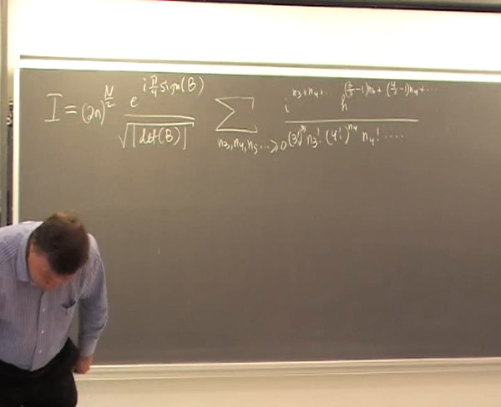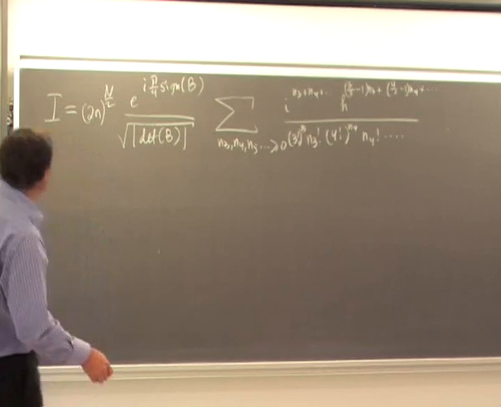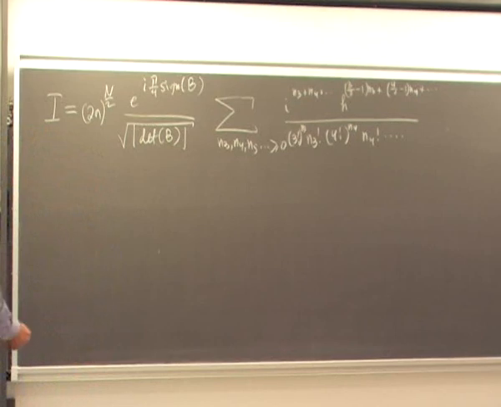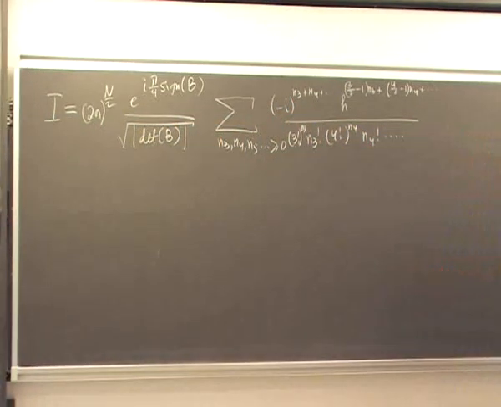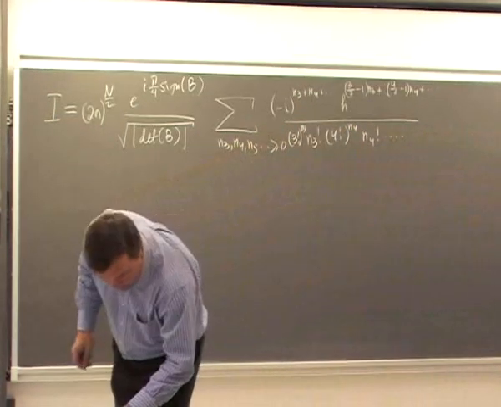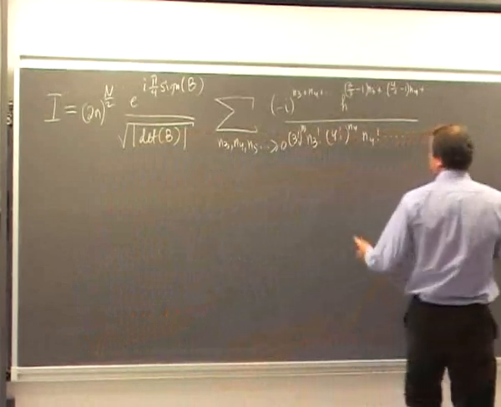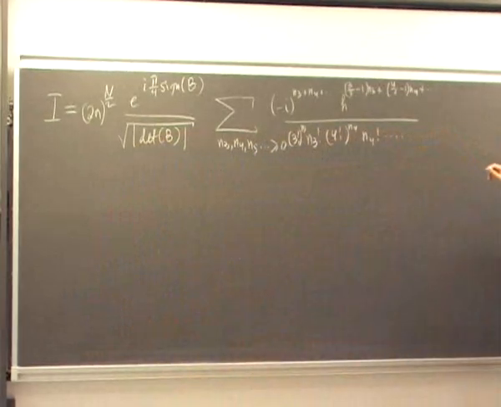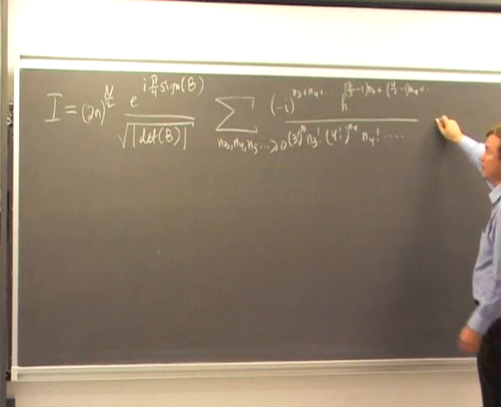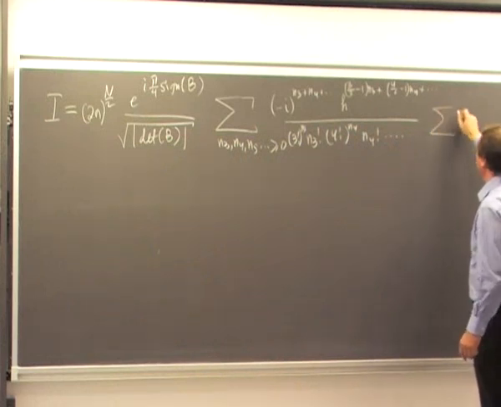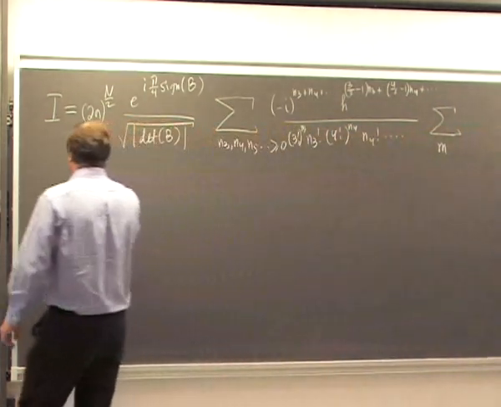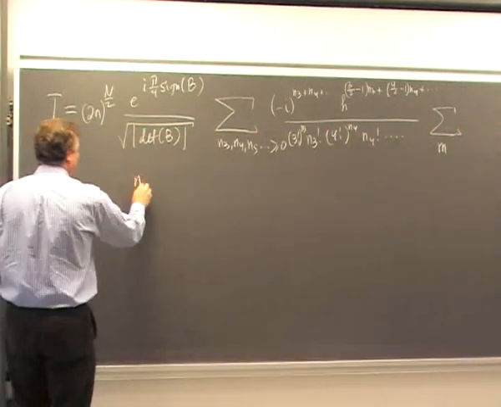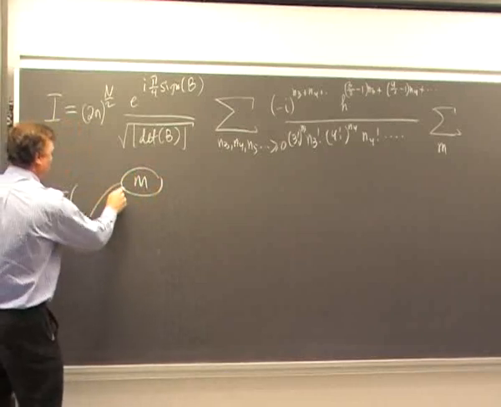there is always a struggle with pluses and minuses in this formula. Since I put minus here, I assume I should put it here as well. Well, let's put it there and let's see what will happen. So then it's the sum over perfect matchings, and then f, the weight of the following graph.